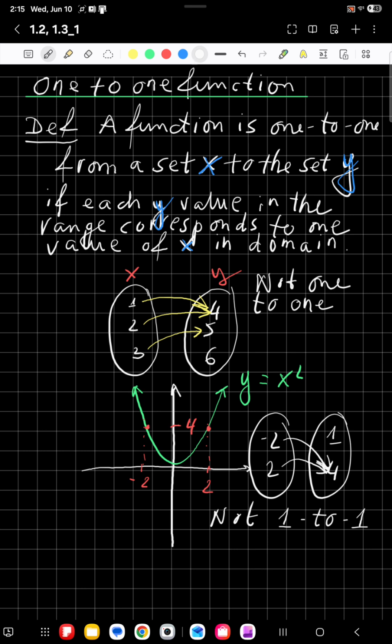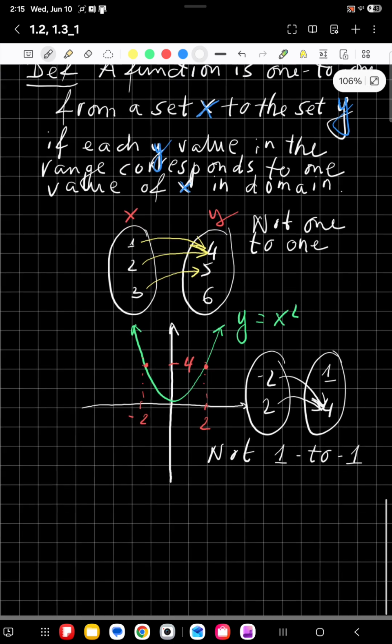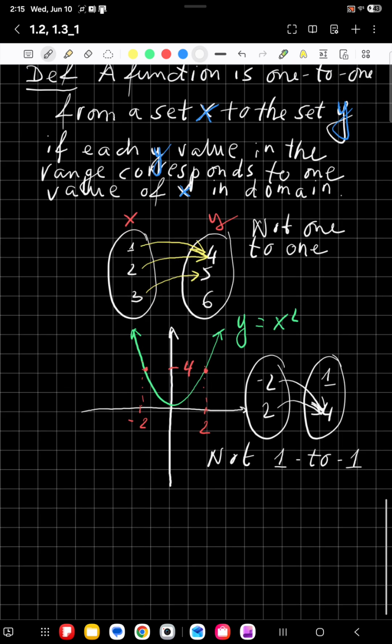All right, so how about a function that actually is 1 to 1? Let me give you a graph. For example, a cubic function, y equals x cubed.